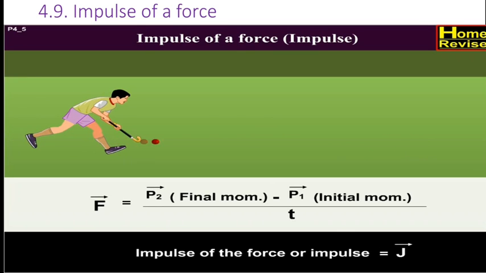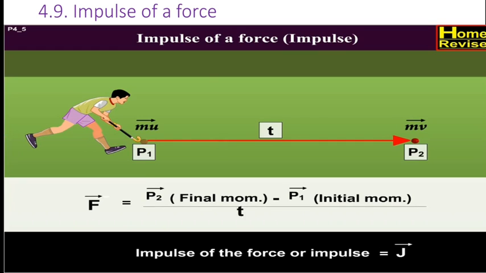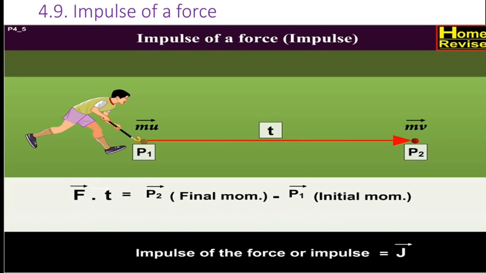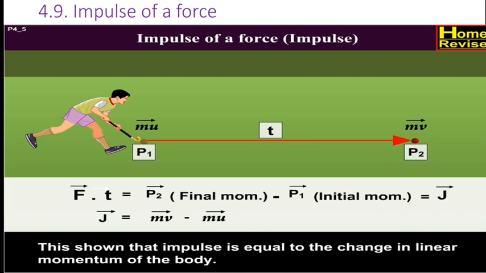Impulse of the force, vector F dot t, is equal to vector p2 minus vector p1, that equals vector J, that equals m vector v minus m vector u. This shows that impulse is equal to the change in linear momentum of the body.